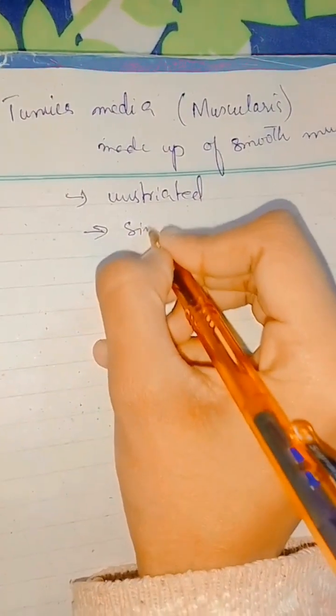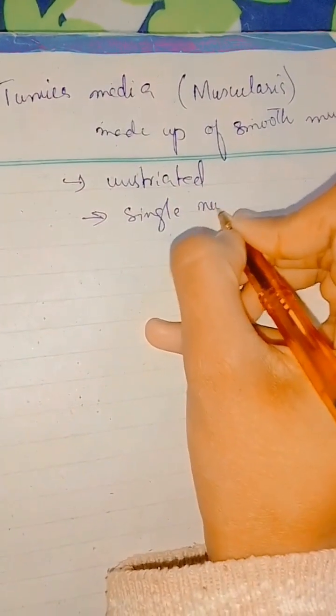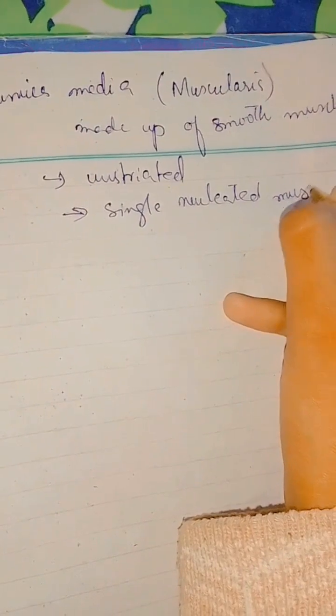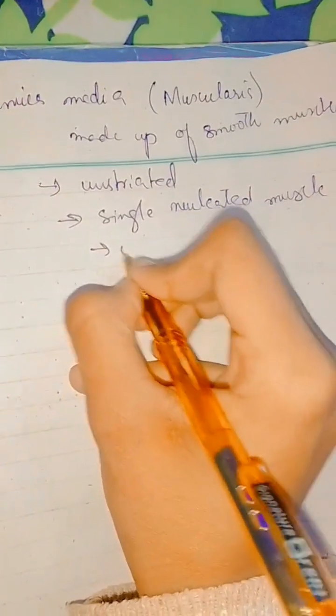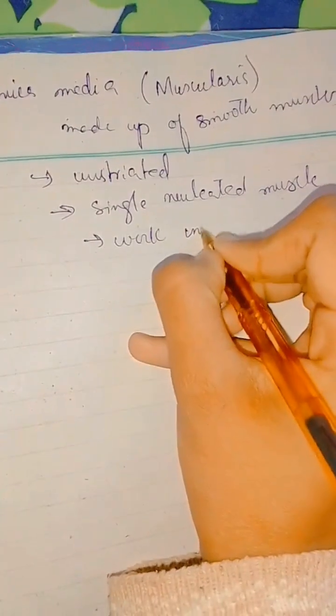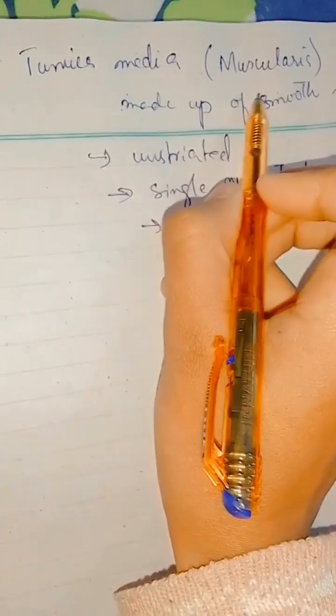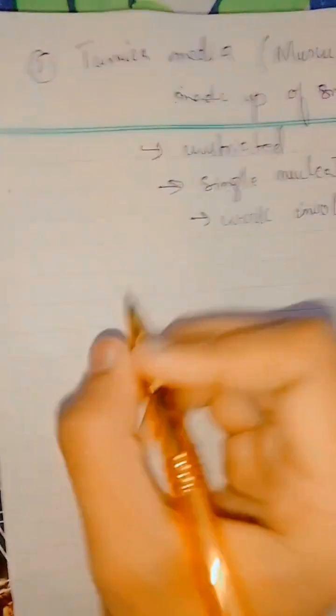They are single nucleated muscles, and they work involuntarily. They are not in our hands, they are involuntary. So tunica media is basically made up of smooth muscle, that is the middle layer, tunica media, or tunica muscularis.